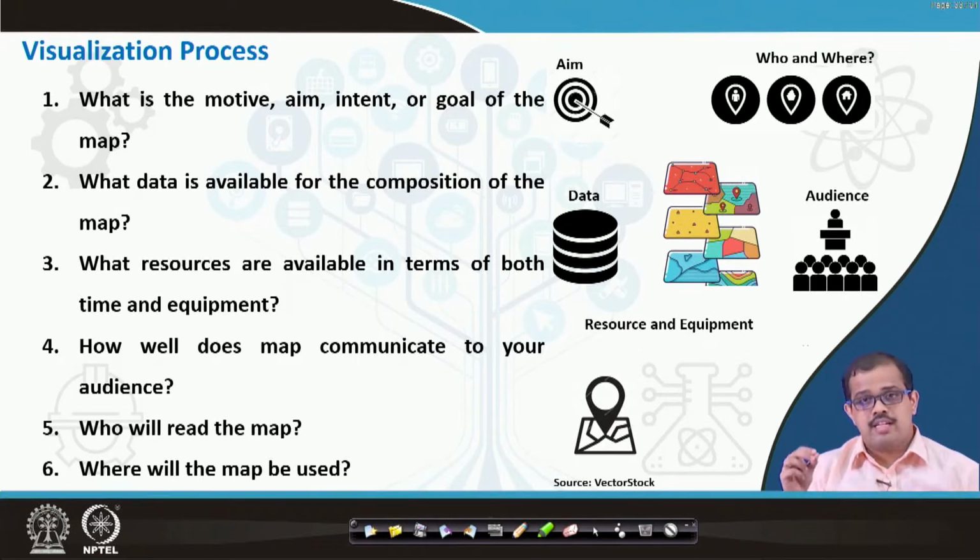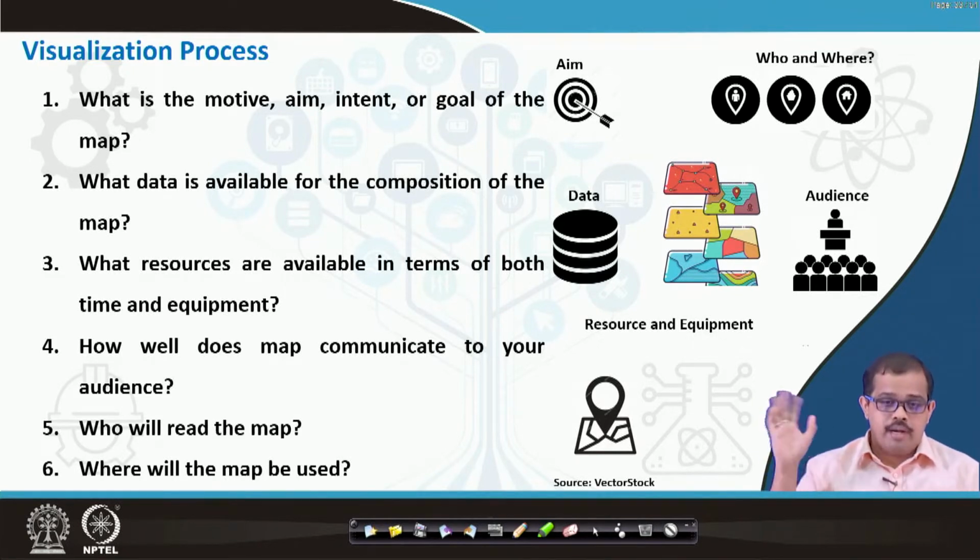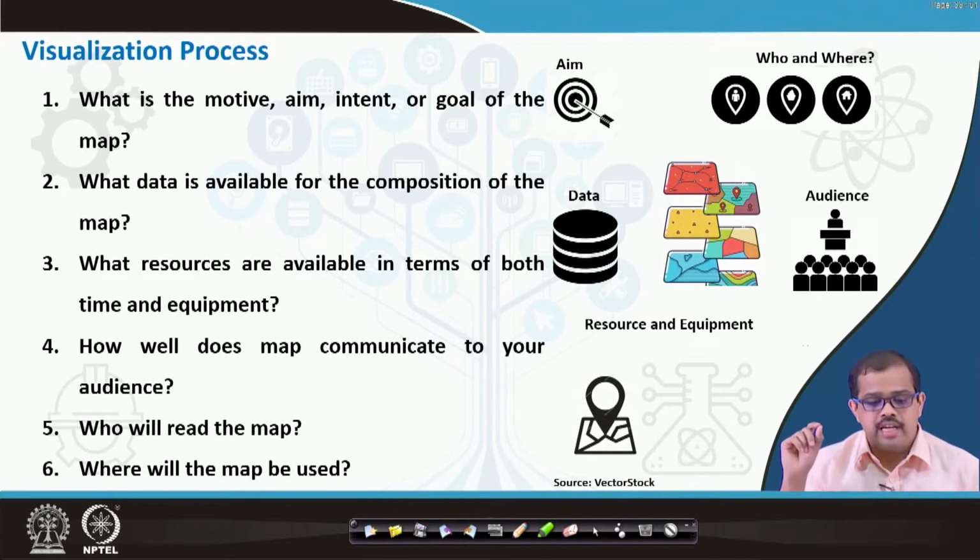That is exactly what I mean. You have to understand the motive, aim, intent and goal of a map. Why are you preparing that particular map? Then, what data is available for the composition of the map, and is the data you are using useful to compose the map or not?